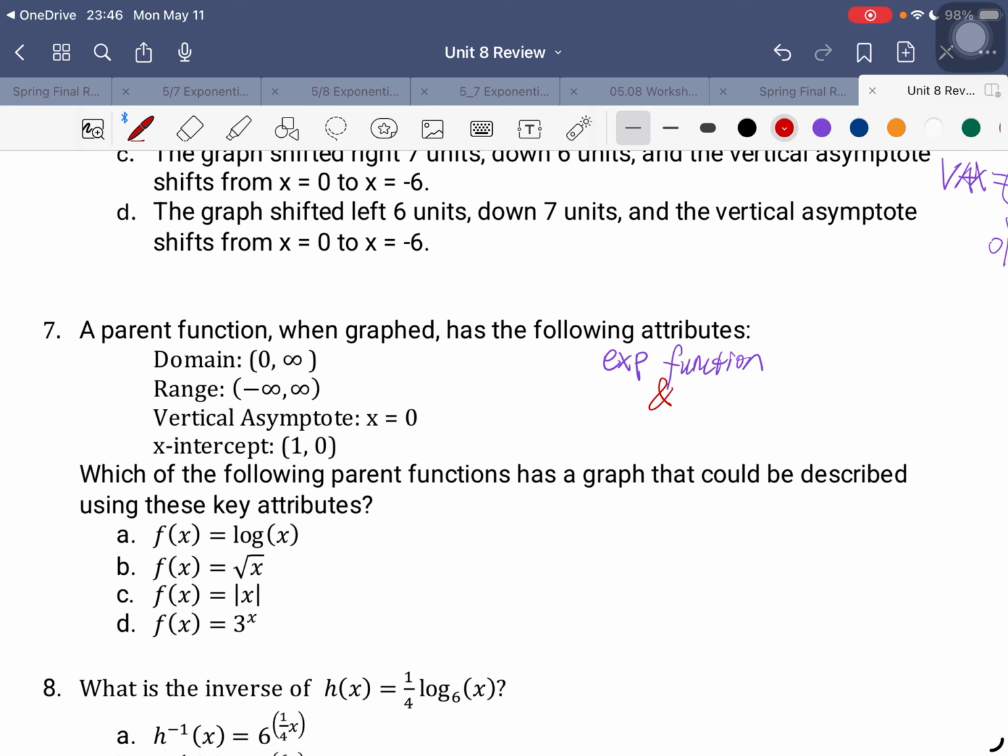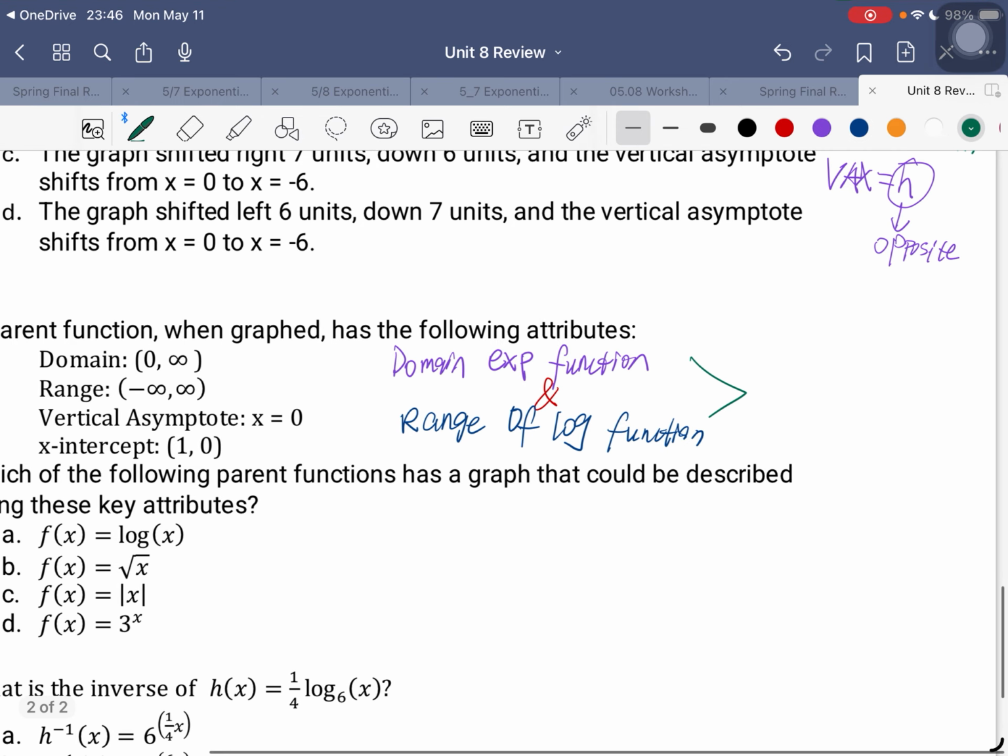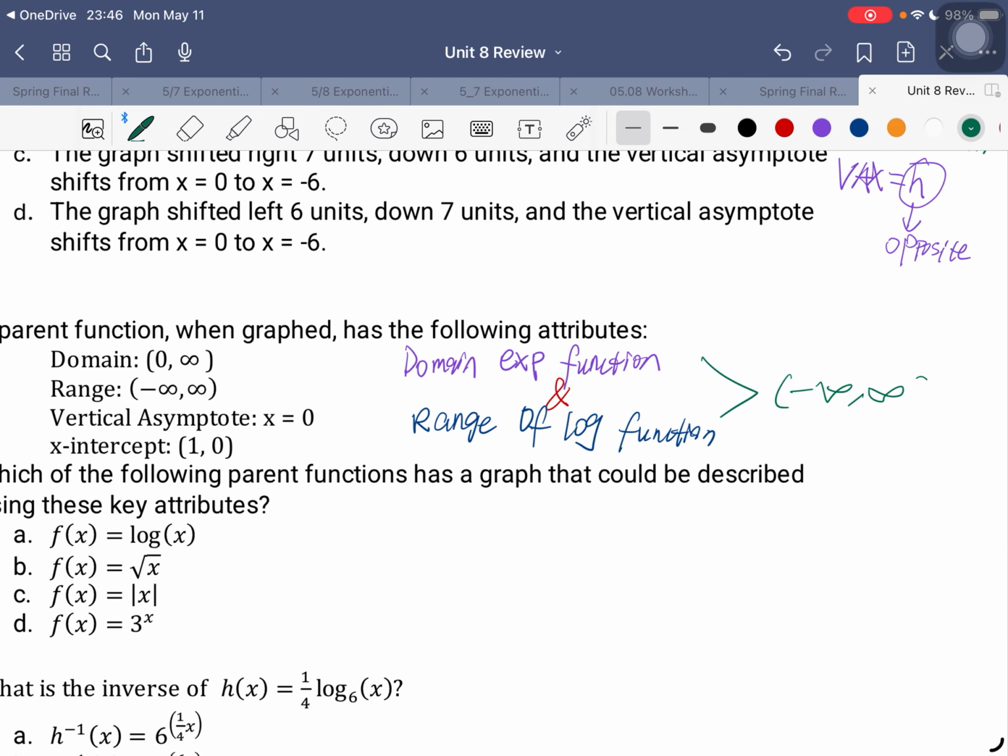For the domain of exponential, and for the range of log, they are both negative infinity to infinity.